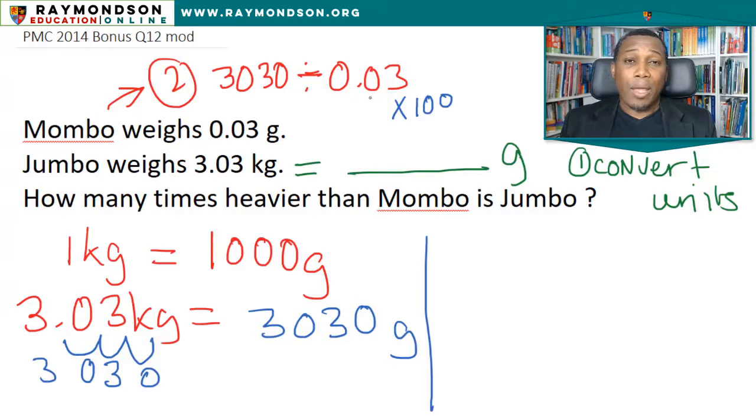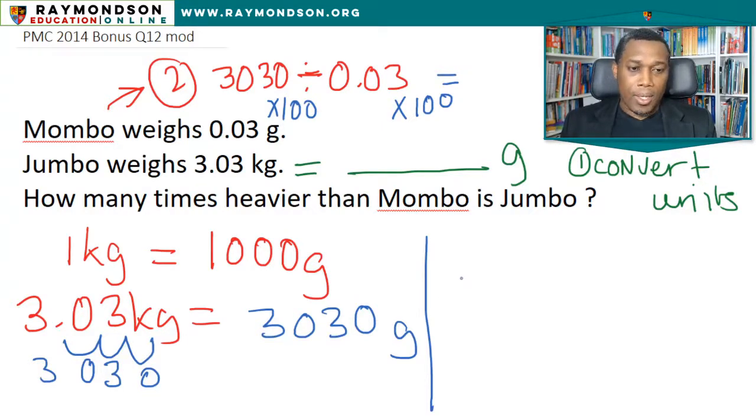And to ensure that we do not change the answer to the question, the multiplication I do to my divisor, the number I'm dividing by, I do the same thing to the number that's being divided. So I'll multiply both of them by 100. That changes the value of the numbers in the division, but it doesn't change the answer. It doesn't change the how many times bigger we're trying to answer.